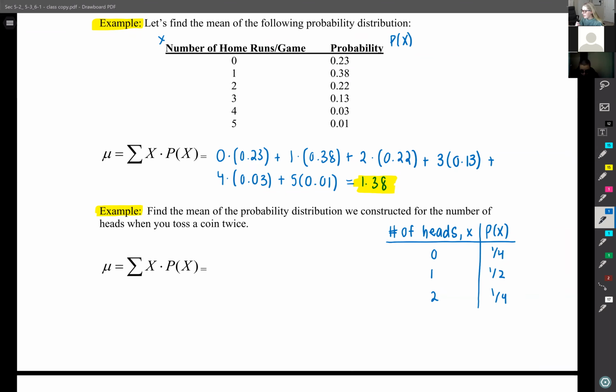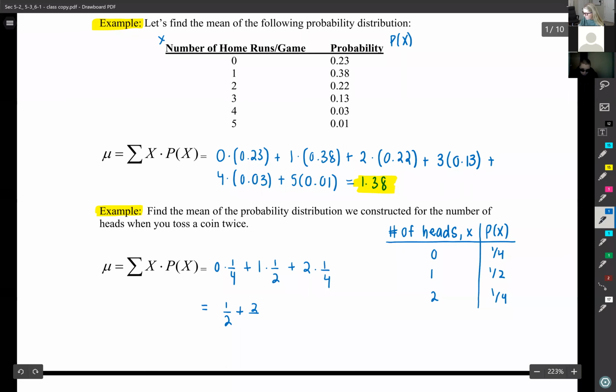So we take X and we multiply it by its probability. So this is equal to 0 times 1/4, and then we add to it 1 times 1/2, and we add to it 2 times 1/4. This is equal to 1/2 plus 2/4. And 2/4 is just a half.